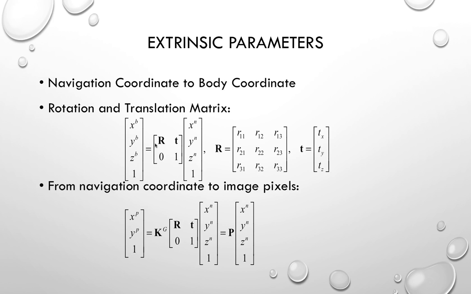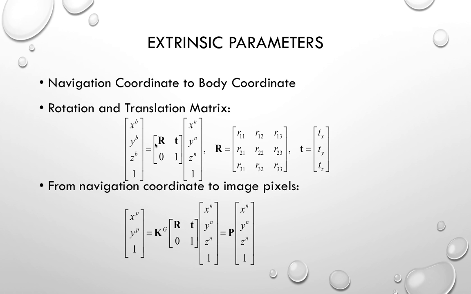Previously we talked about the intrinsic parameters, then the extrinsic parameters. This parameter is related to the motions of the smartphone or the camera. For example, the camera's rigid motion can be divided into rotation and translation.